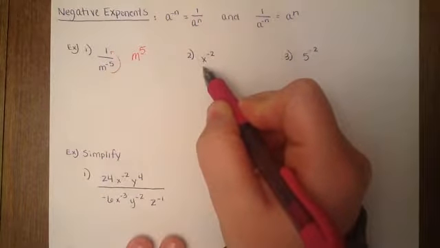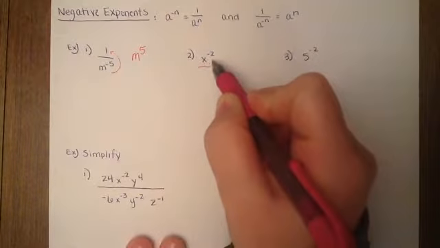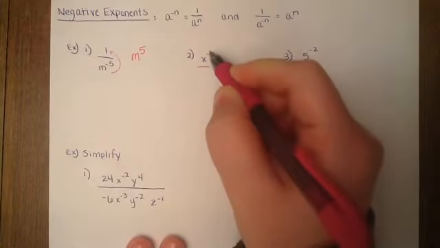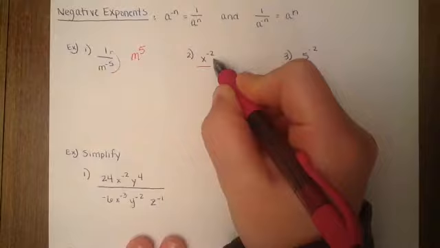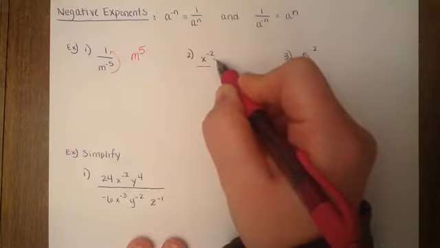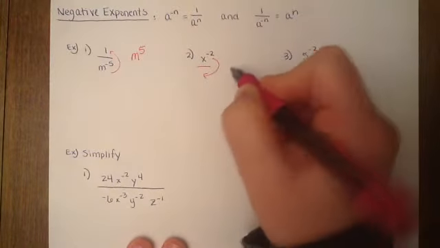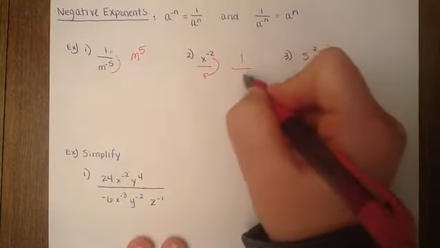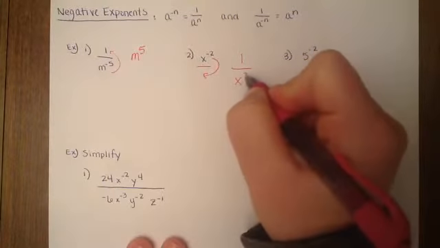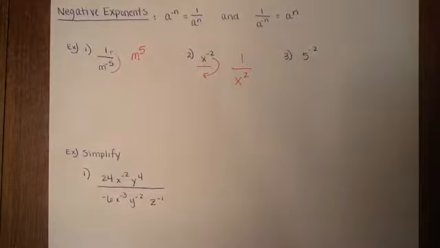What about this one? What should you do? It's a negative exponent. Can we have negative exponents? No, so what do we do? Move it to the bottom into the denominator. 1 over x squared. Move that piece to the denominator.